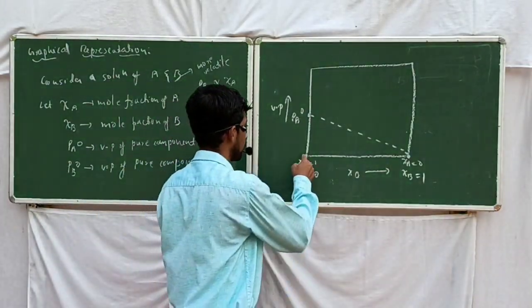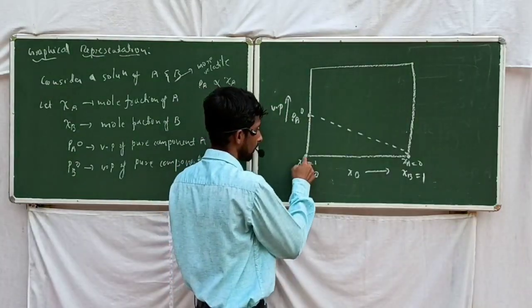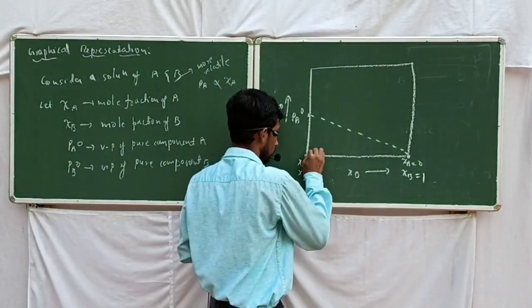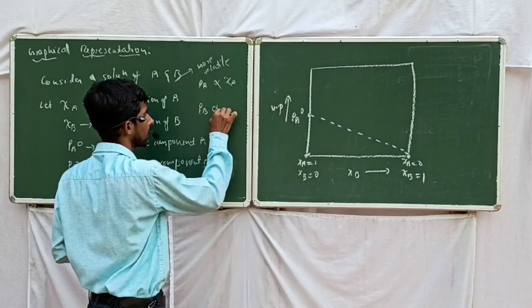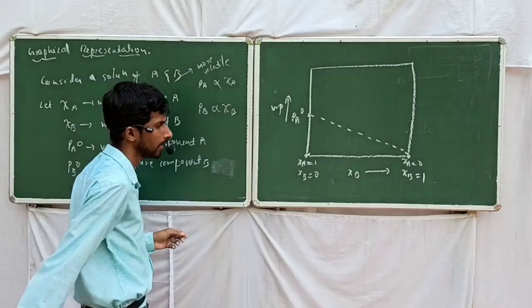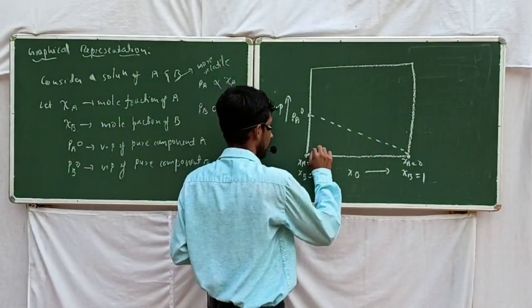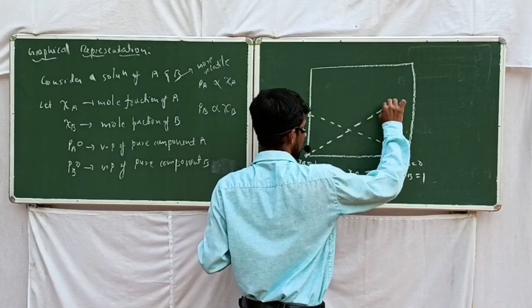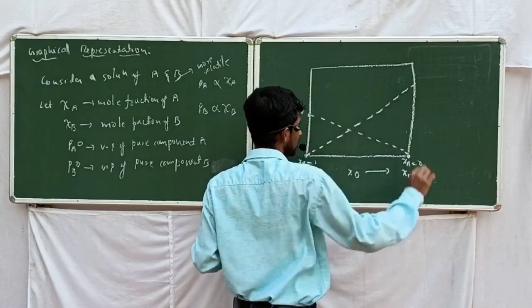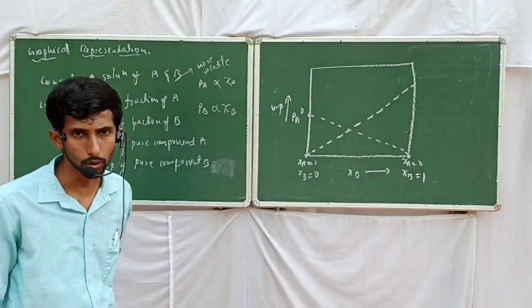Then take component B. Here it is 0. According to Raoult's law, Pb is directly proportional to xi B, so xi B equal to 0 means 0. Then the mole fraction of B increases along the x-axis, and if the mole fraction of B increases, vapor pressure also increases.